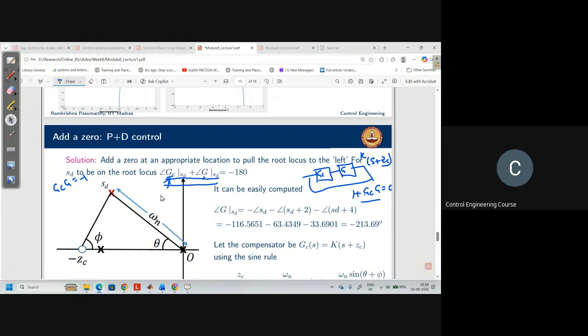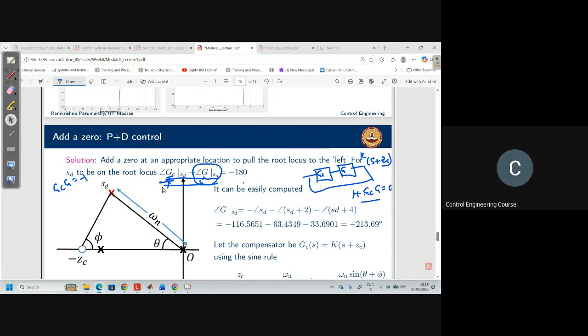So for that, first we have to calculate the angle deficiency. Angle deficiency means: take the current angle contribution from the open loop transfer function G of s, then subtract that from 180 degrees. Then you will get the angle of GC, that is the angle deficiency. Then you will design a zero for that.